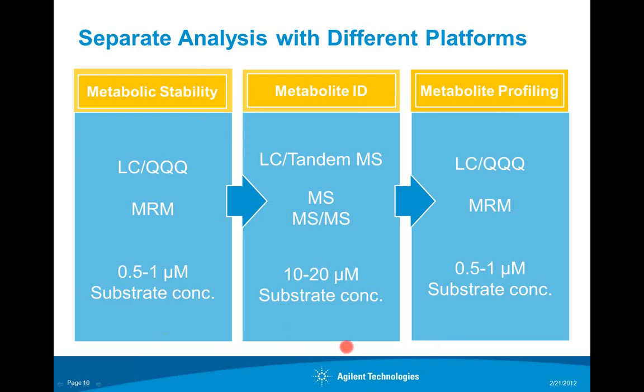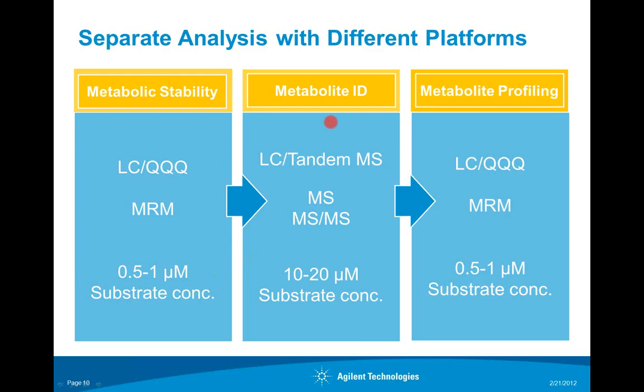This workflow shows a classic approach for metabolic stability, ID, and profiling assays. Traditionally, the quantitation, such as metabolic stability and metabolite profiling, is often performed on an LC triple-quadrupole mass spectrometer using a physiologically relevant substrate concentration in the range of 0.5 to 1 micromolar.